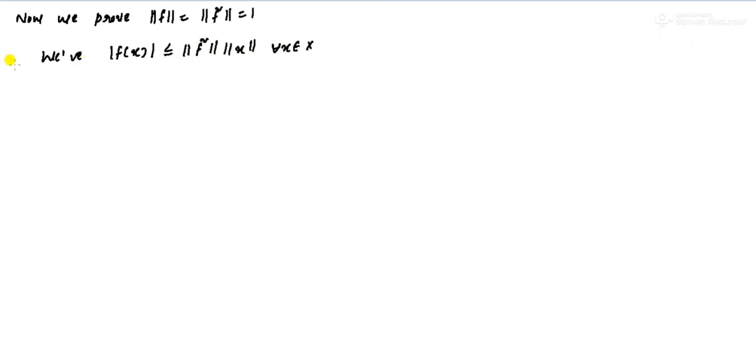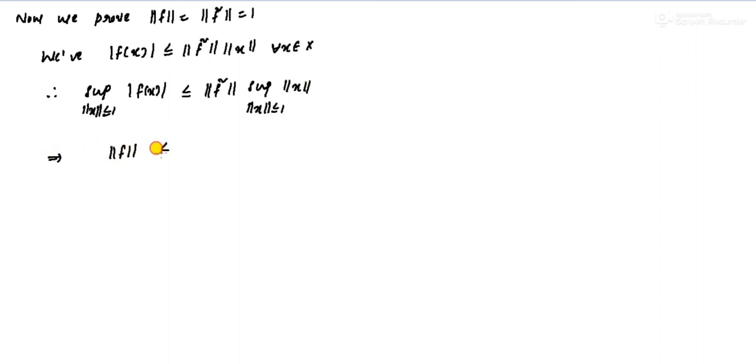Therefore, supremum over norm x less than or equal to 1 mod f of x is less than or equal to norm f tilde into supremum over norm x less than or equal to 1 norm x, which implies that norm f is less than or equal to norm f tilde. Here supremum over norm x less than or equal to 1 mod f of x is actually norm f. Okay, which is equation 1.